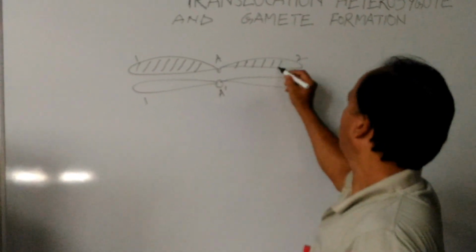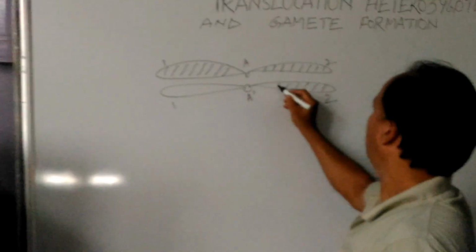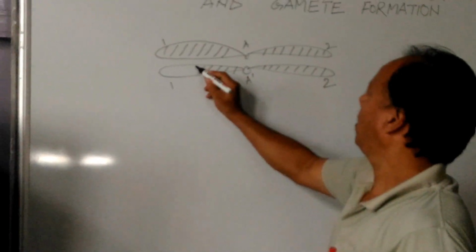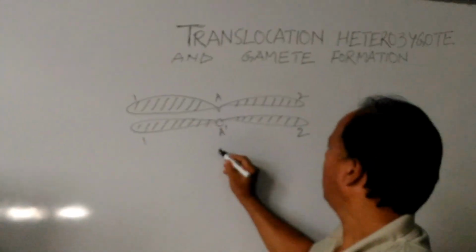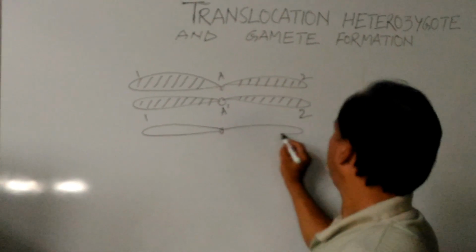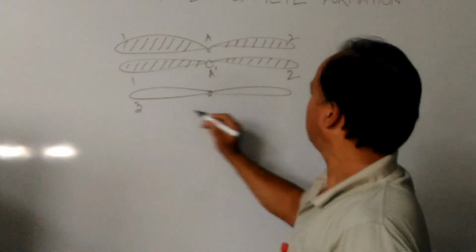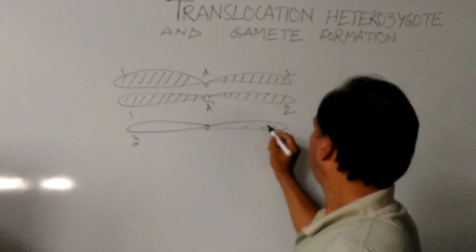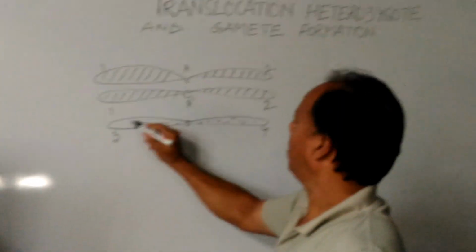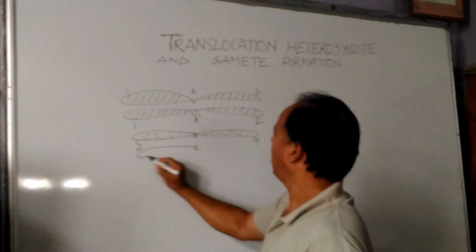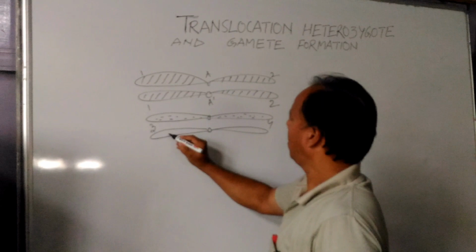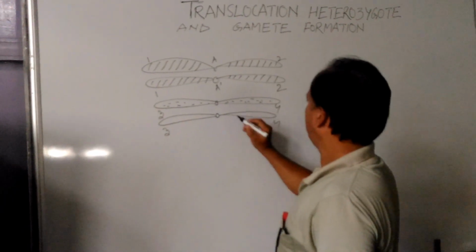These two are homologous, having the genes 1 in the left hand arm and 2 in the right arm, and at the same time another pair of chromosomes are involved, and these are having the genes 3 and 4.